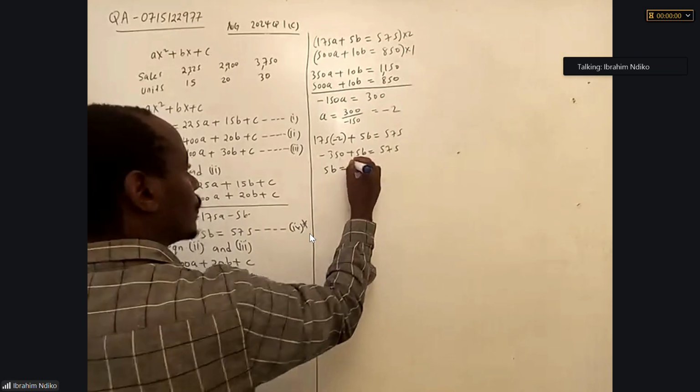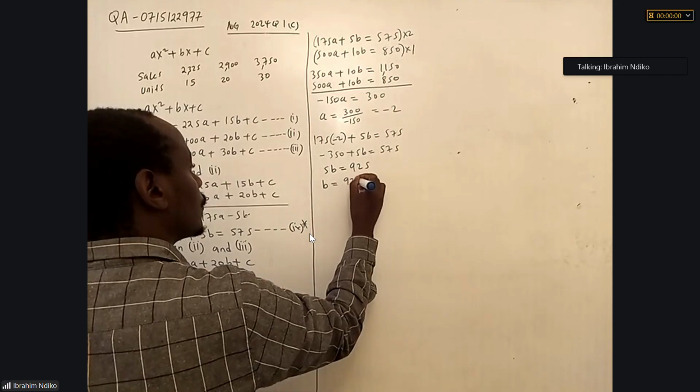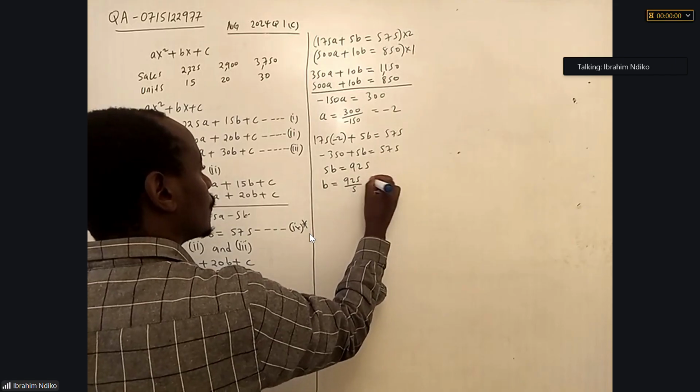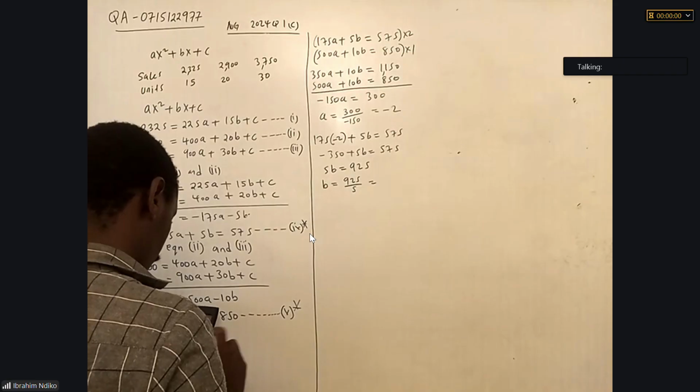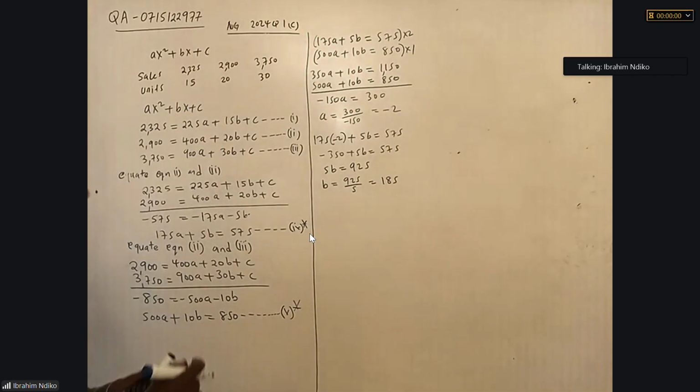That is 925. So b will be 925 over 5. B is 185.